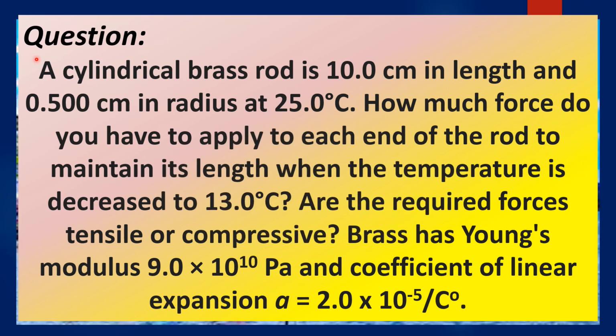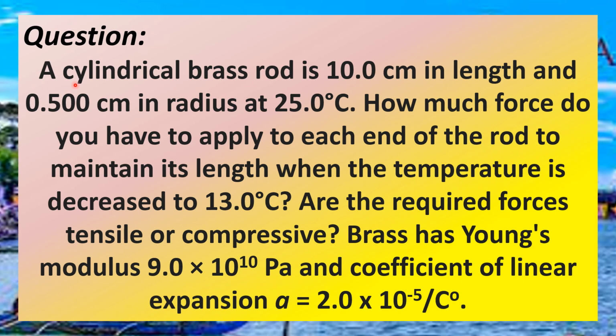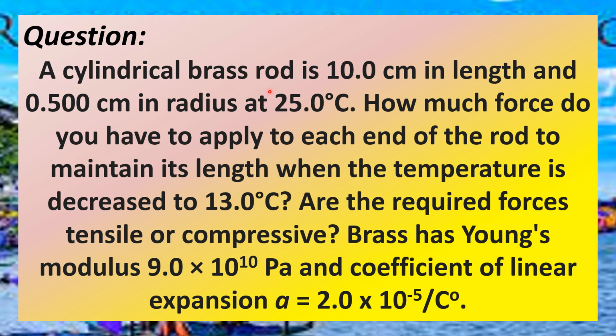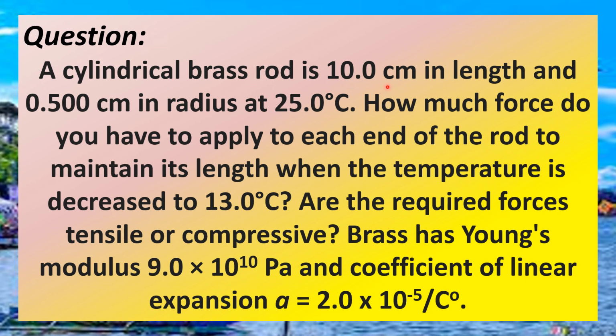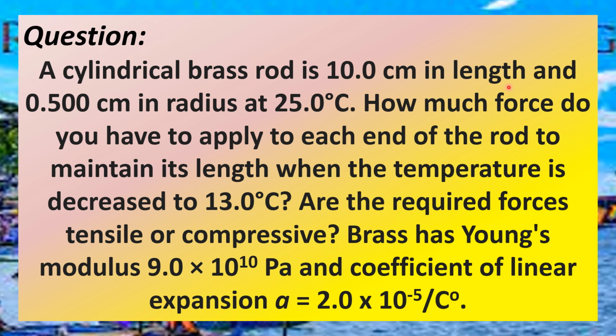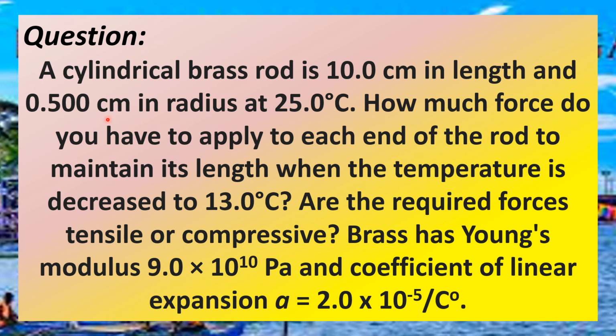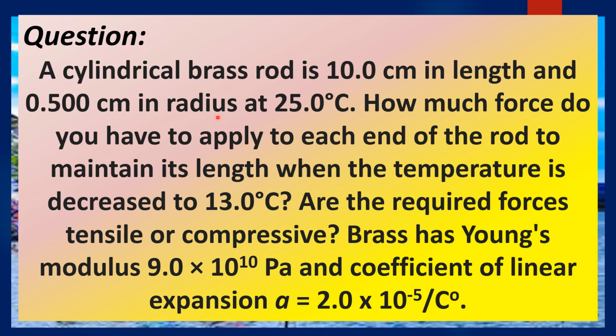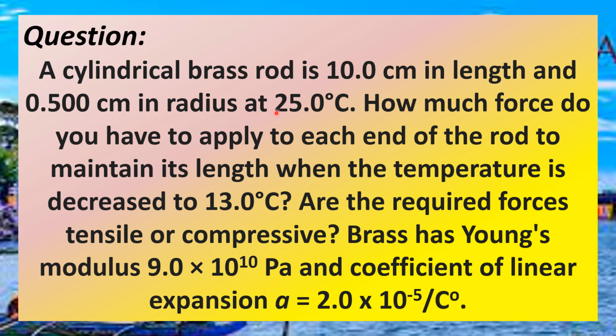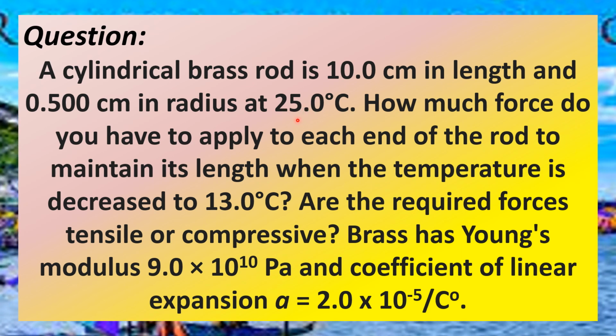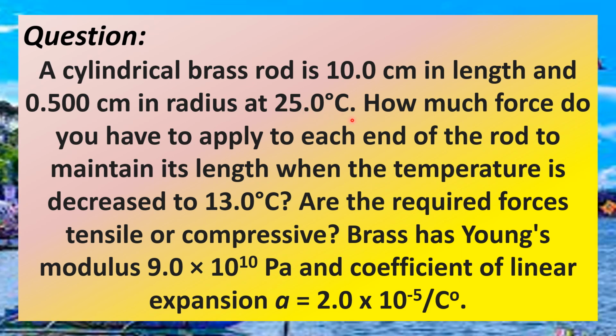The question is, a cylindrical brass rod is 10.0 centimeters in length and 0.500 centimeters in radius at an initial temperature of 25.0 degrees Celsius.